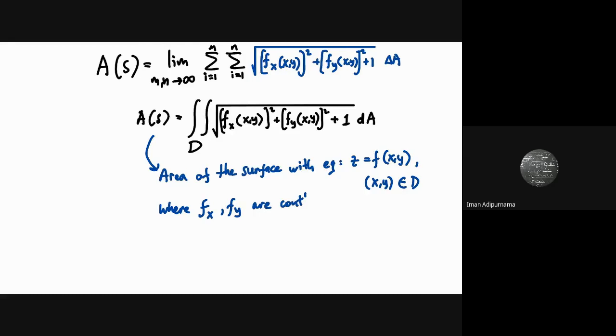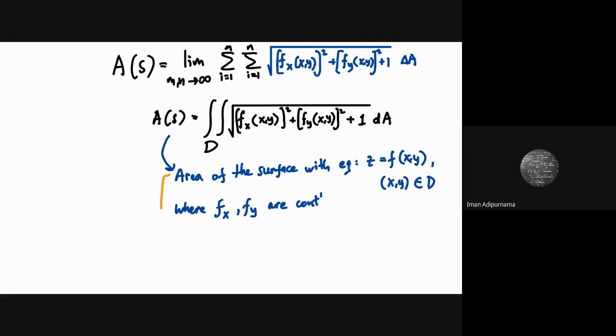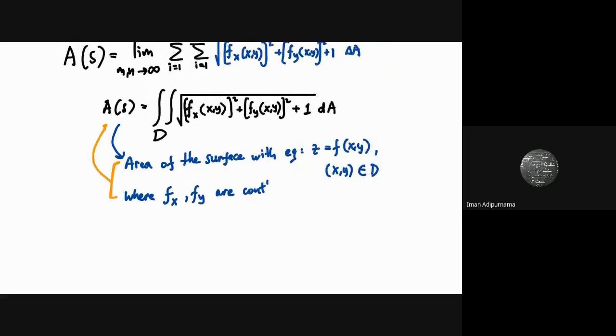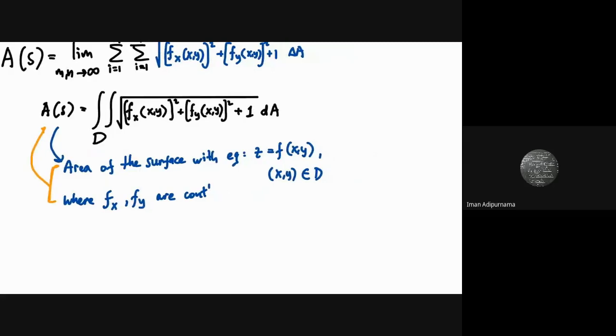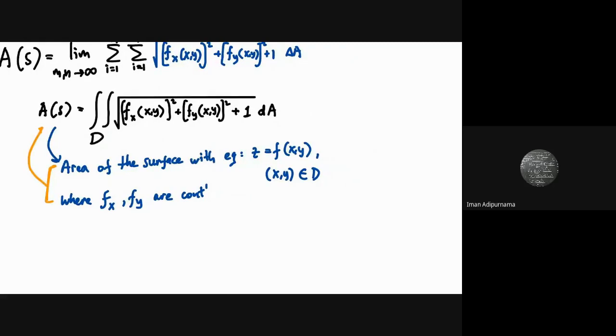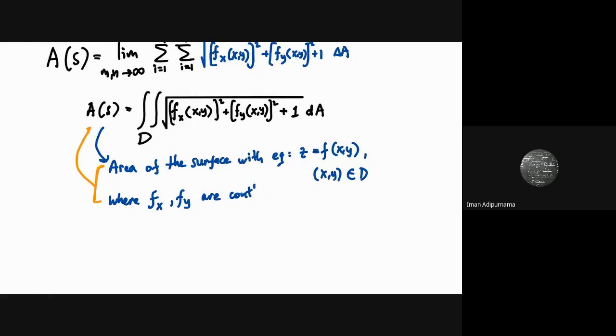So basically this is the definition of the surface area. So this will be the surface area with z equal a function of two variables, and you need to make sure that the partial of x and partial of y both are continuous.